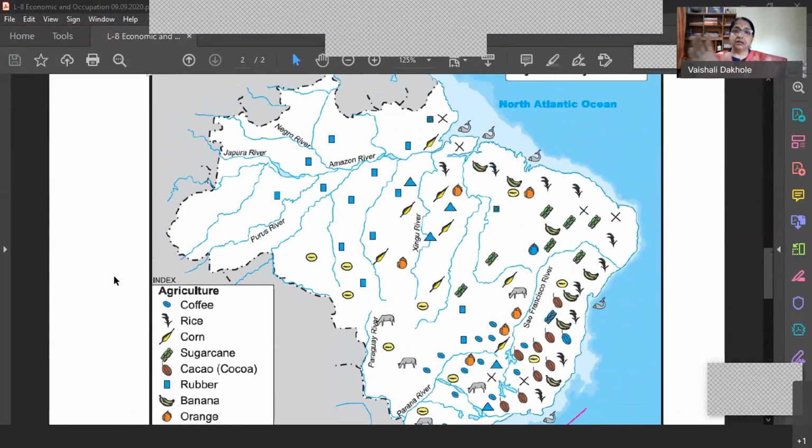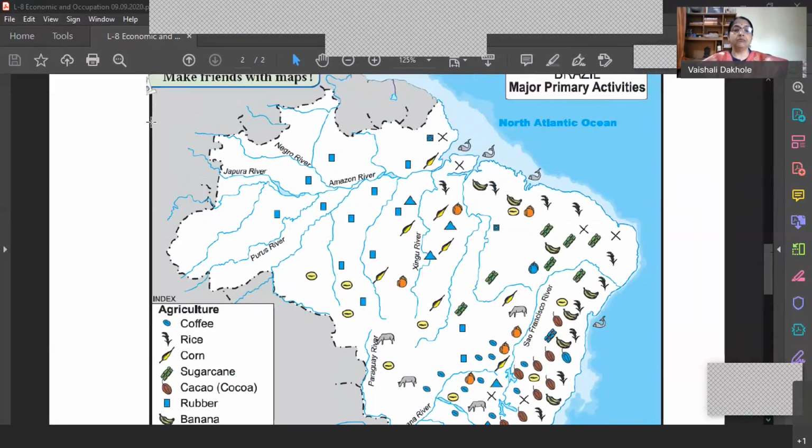But maximum part of Brazil, like the Brazilian highlands, that is the central part of Brazil, northern Brazil, that is the Amazon river basin, and western part of Brazil, that is the Japura and Purus river basin. In these regions, you will find that there are no signs for mineral resources.